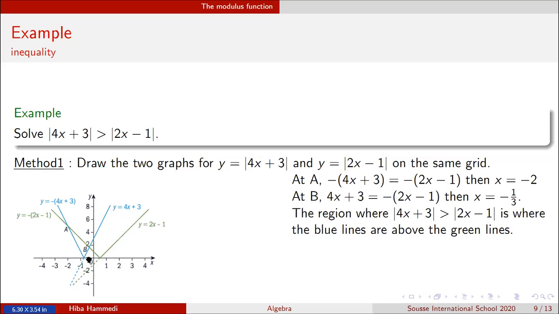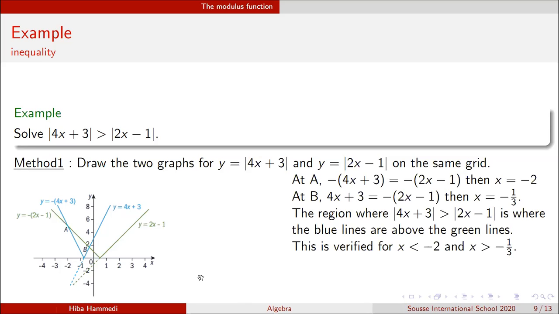And the same happens here. If I take any value that is more than negative 1 over 3, the blue graph is above the green graph. So this is why I can say that the solution should be any value that is less than negative 2 or any value that is more than negative 1 over 3.